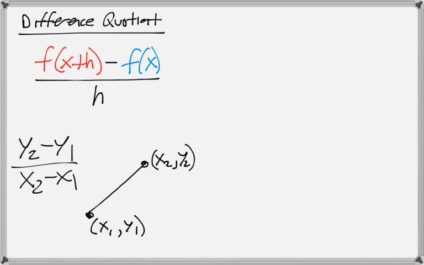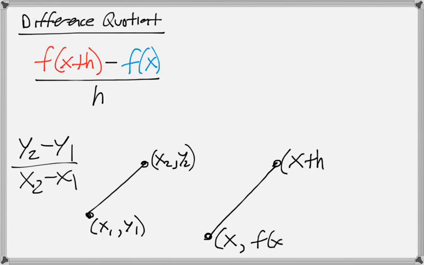So let's say if we have the points like it's talking about, x and x plus h, let's say those are our x values. So the y values for this would be f of x, and the y value here would be f of x plus h.